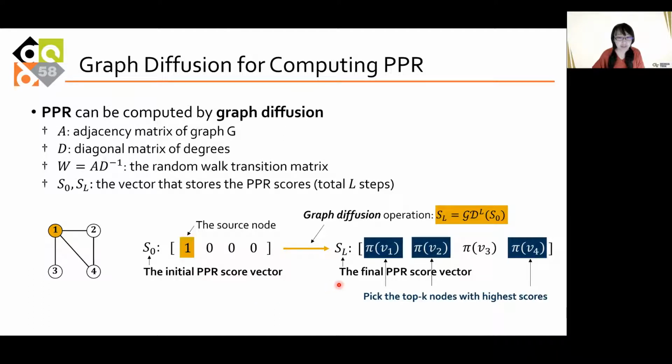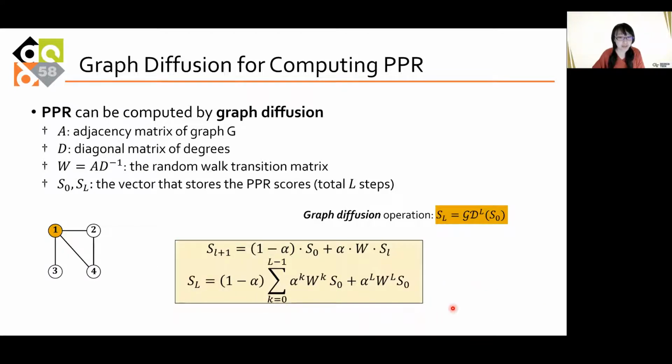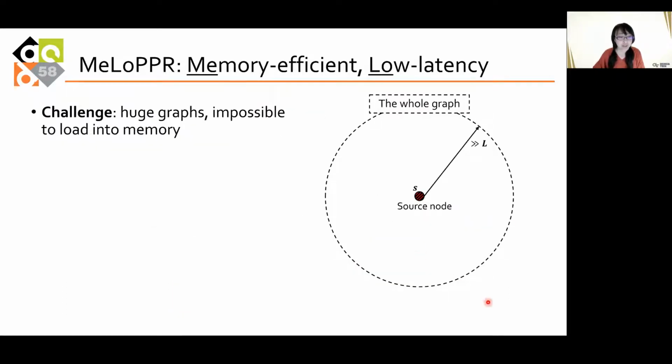And in the final SL PPR vector, we pick up the top K nodes with high scores. So in this example, K equals 3. This formula is the formal definition of graph diffusion computation, and we will still use this formula later. So this is how we compute PPR using graph diffusion.